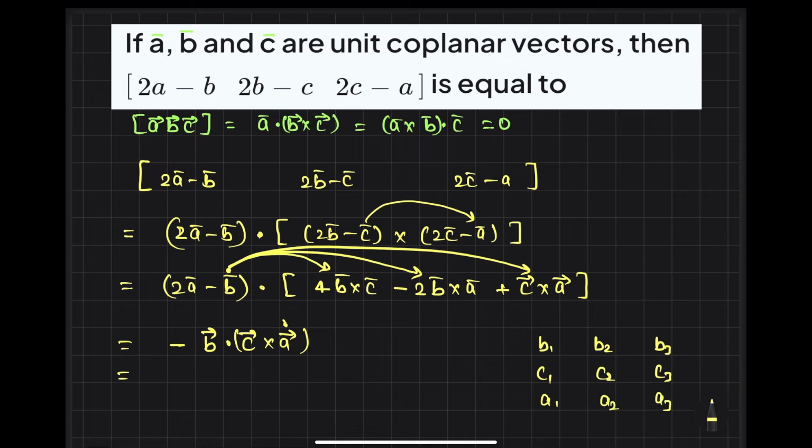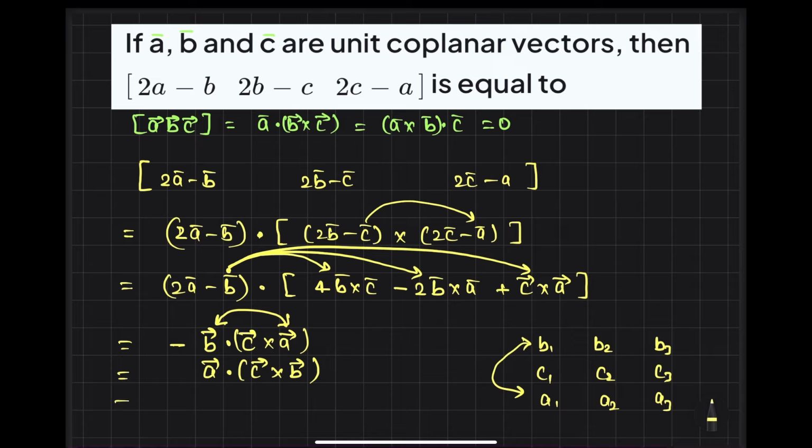Now look at this. If I interchange these two rows, which impact will it create? The determinant value will become negative of that. So it will become negative and negative will become positive. So it will become a dot c cross b.